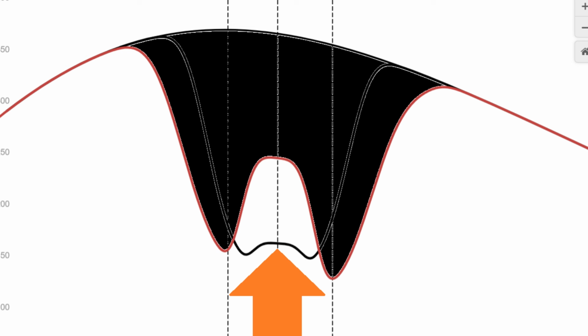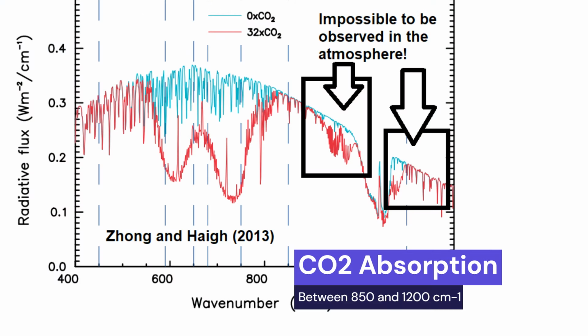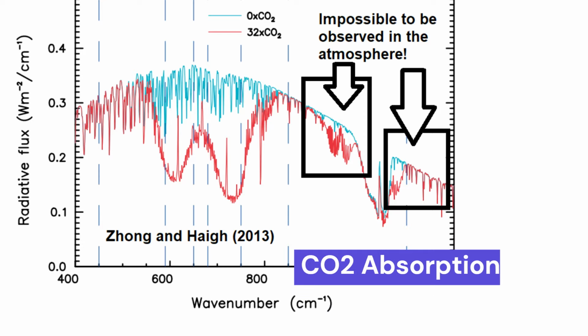You can't miss it. Besides, the additional CO2 absorption beyond 850 per centimeter they added can only be detected at very high temperatures and hence cannot be observed in the atmosphere. It could be argued that they picked it up from the high temperature data rather than the high trend database.